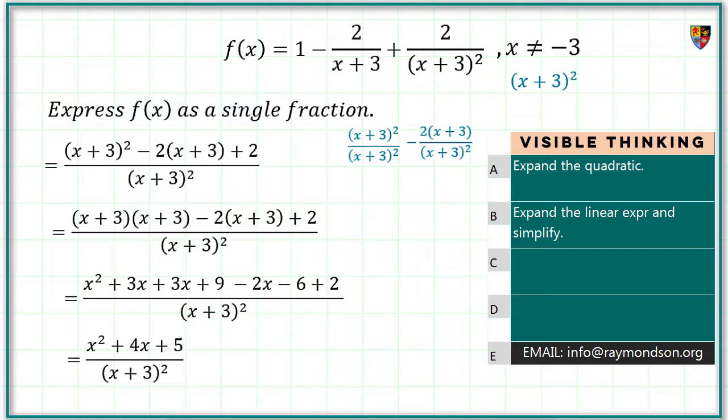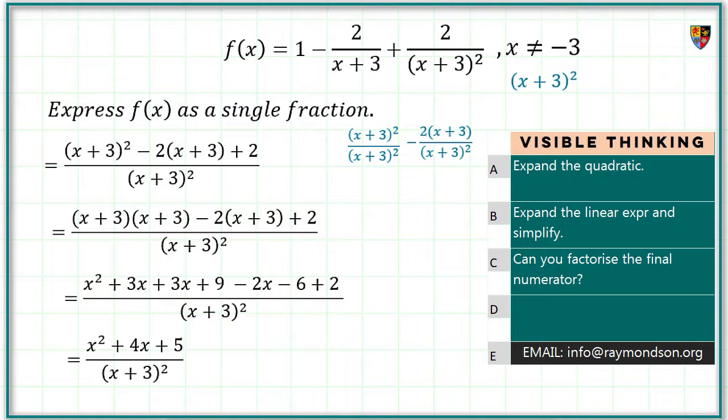Are we done? Do you just stop there? Well, not quite. After you have expanded and simplified the numerator, what you need to be thinking about is, can you factorize the numerator?